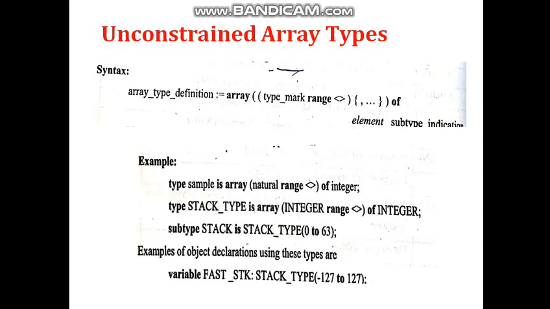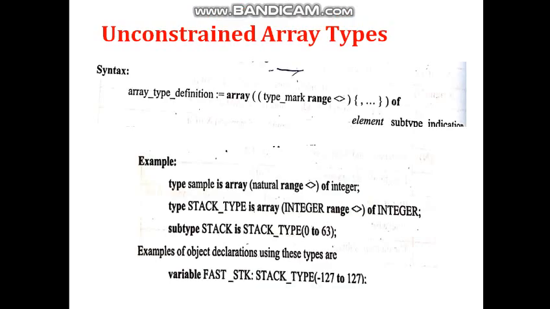For example, variable short_sample_buf, sample of 0 to 63. This indicates the index value for the variable short_sample_buf as natural numbers in the ascending range from 0 to 63.